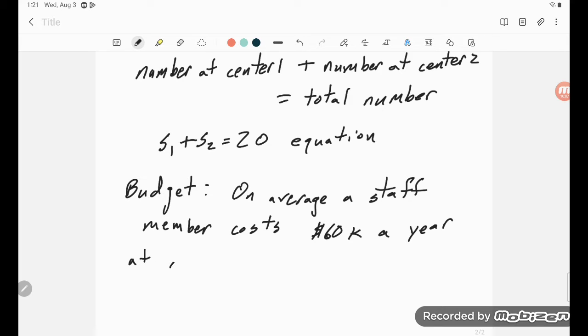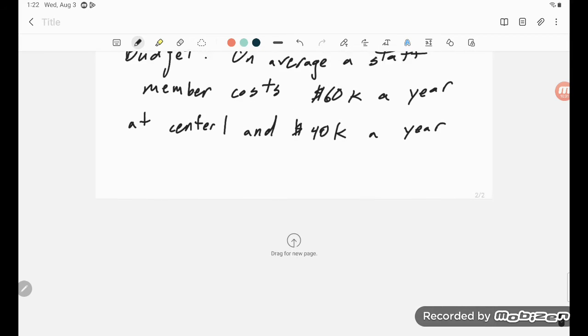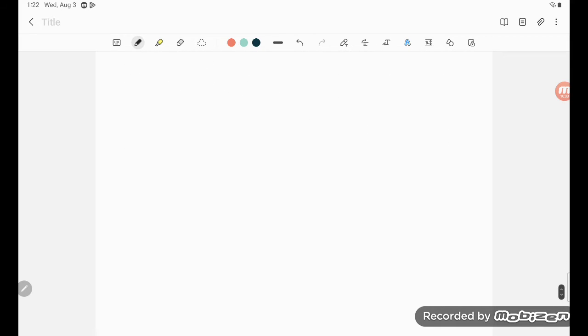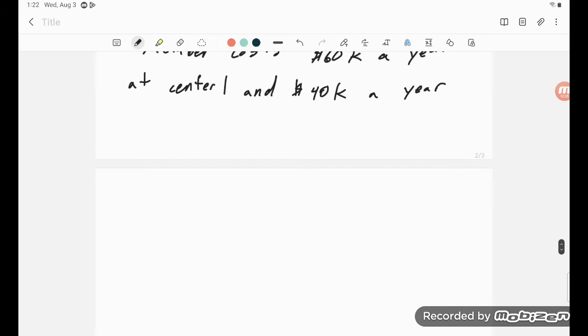at center 1 and just say 40,000 a year at center 2.